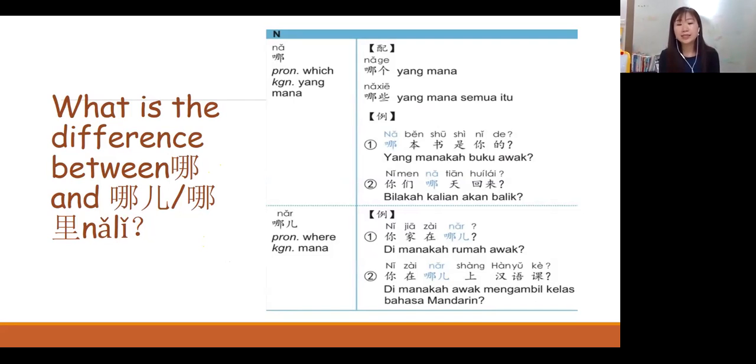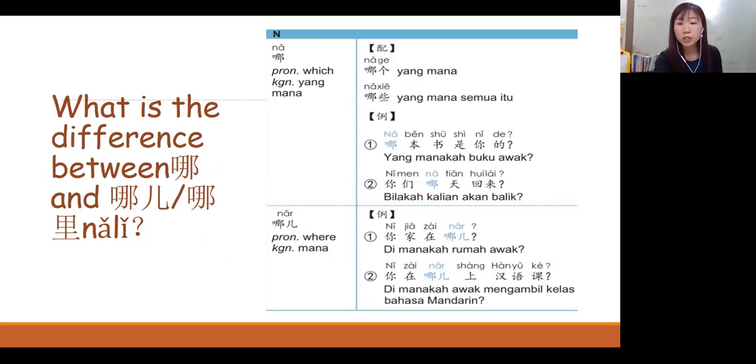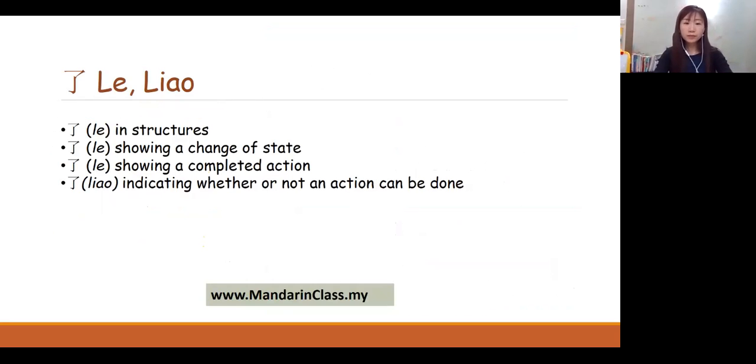You can say 你家在哪儿? So where is your house? Or you can say 你家在哪里? And the second one, 你在哪儿上汉语课? You can also use 你在哪里上汉语课? Very simple. 哪里 means where.